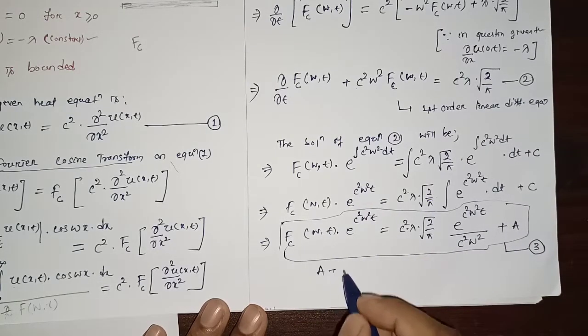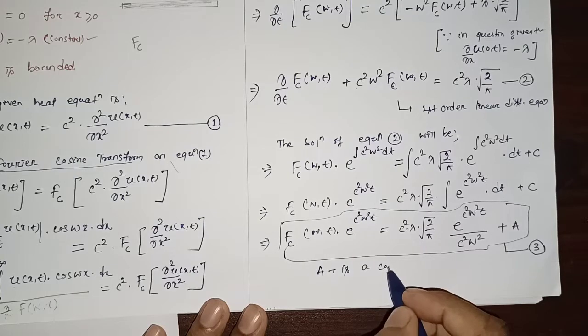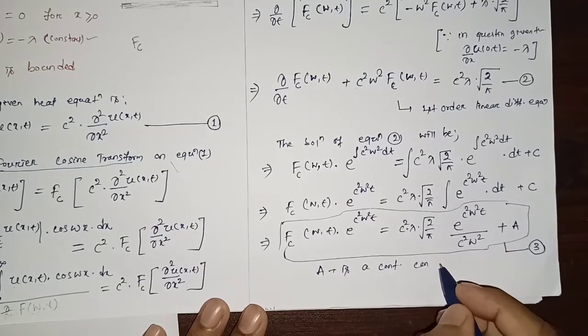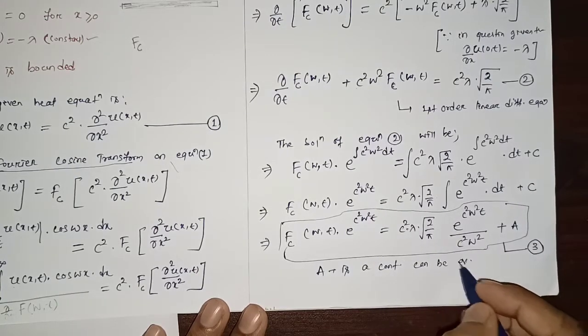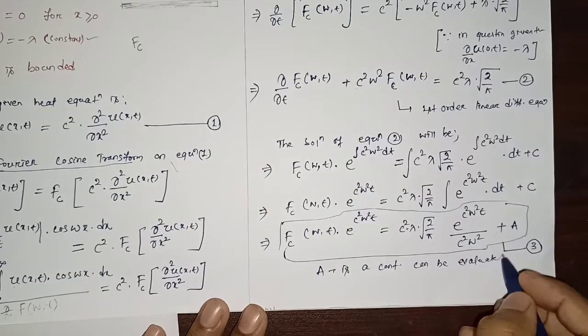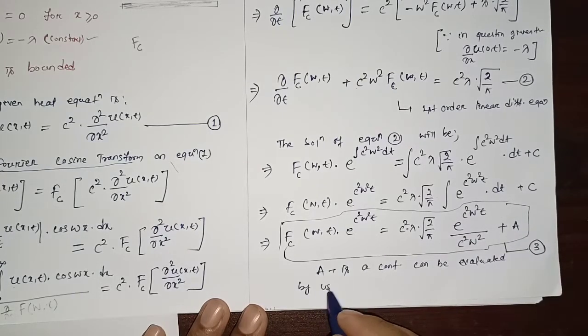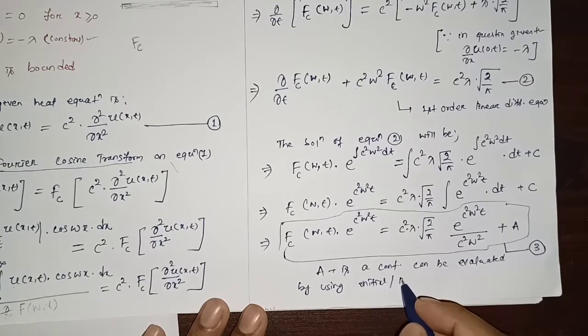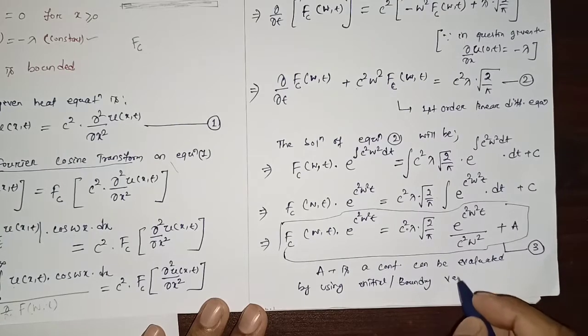So a is a constant that can be evaluated by using the initial or boundary value condition.